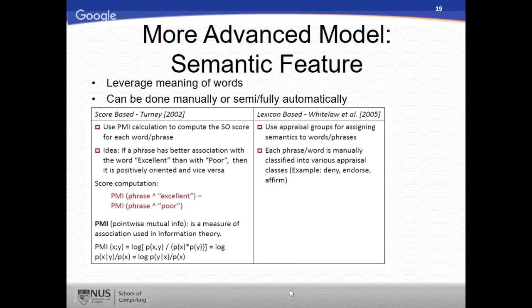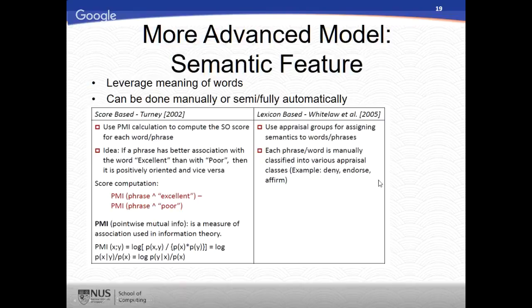If a word is likely to co-occur with "poor", then it is possible that this word or phrase is a negative one, right? So they just take a huge data set and do statistics to see how often this phrase co-occurs with "poor" or "excellent", then they will assign some probability of sentiment to a specific phrase.